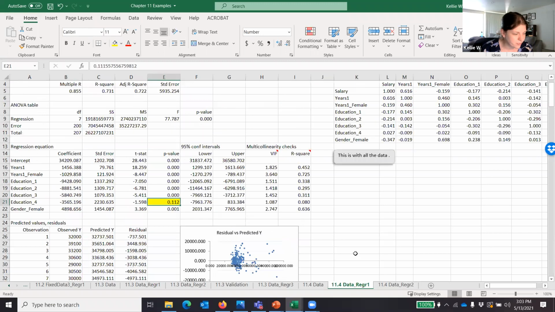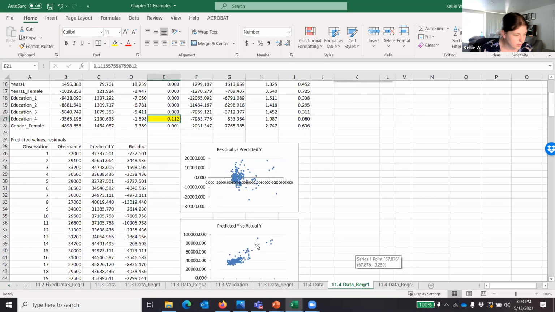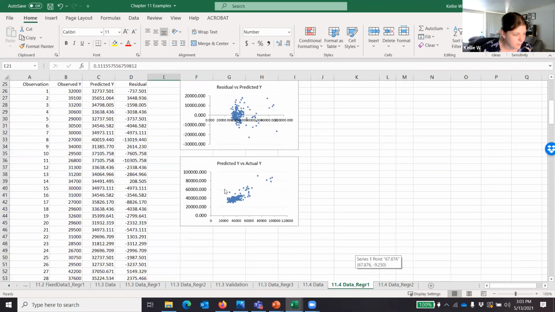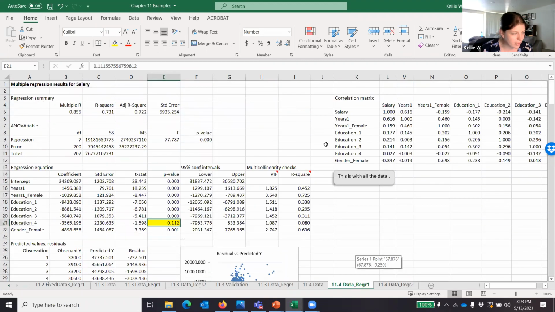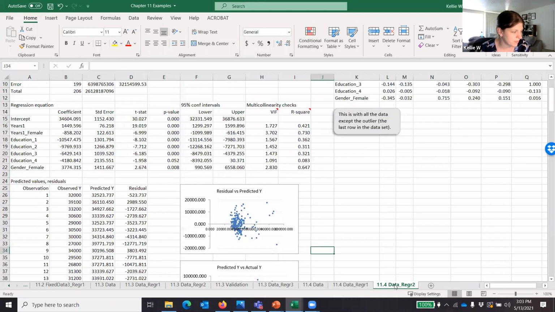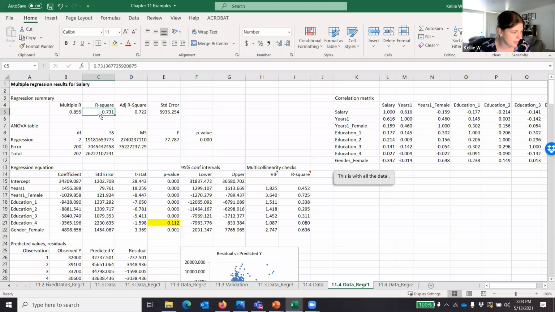You can run the same regression with the outlier and then take it out and run it again, and then you can look and see that R squared improved by a little bit, 0.73 to 0.75. So that outlier didn't have a terribly massive influence on the equation, but it definitely did increase the variance enough to influence the R squared.